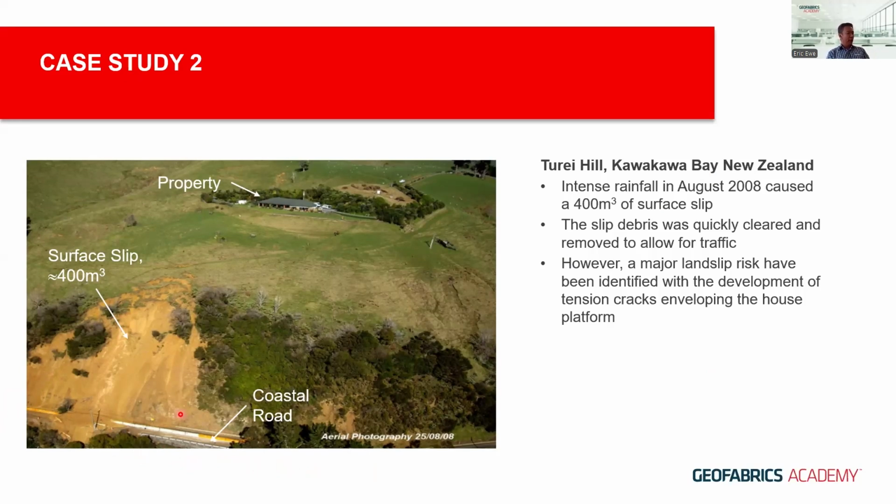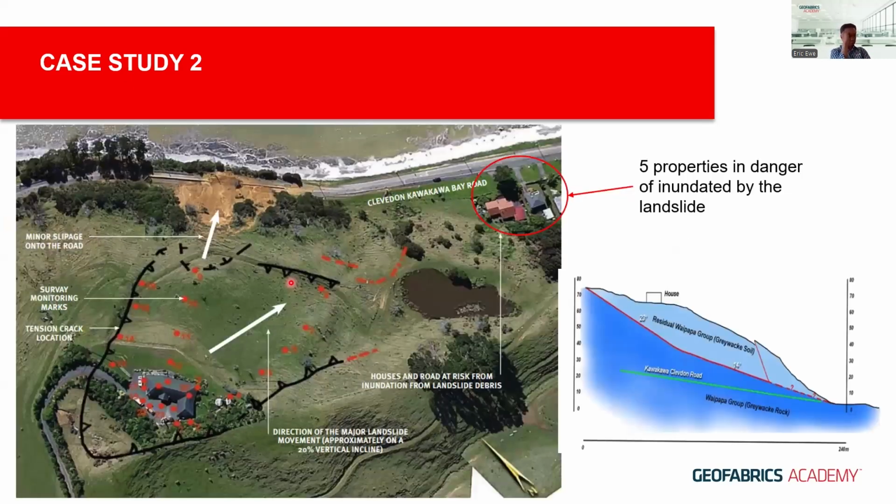However, it was discovered during the clearing that a major landslide had developed, with tension cracks observed enveloping the entire house platform at the top. And this is the house platform that we're talking about here. So we're talking about a major landslide issue rather than a surface slip in this particular case.